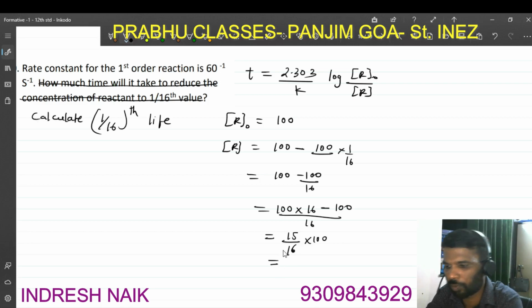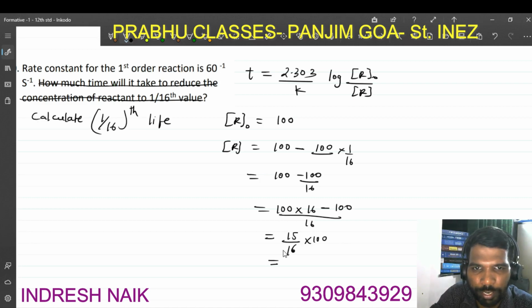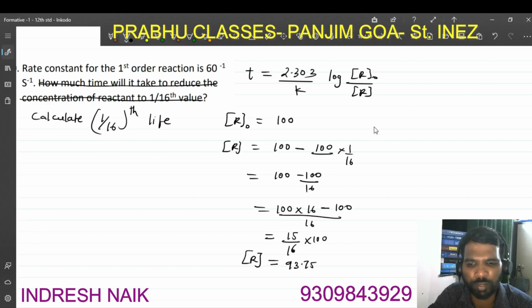It is 15 upon 16 into 100. So here r will be 93.75. This is the r we found out, right? I substitute it over here.